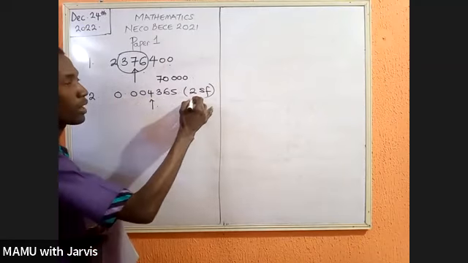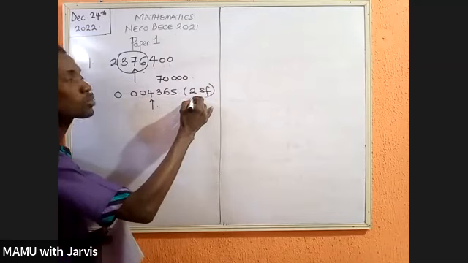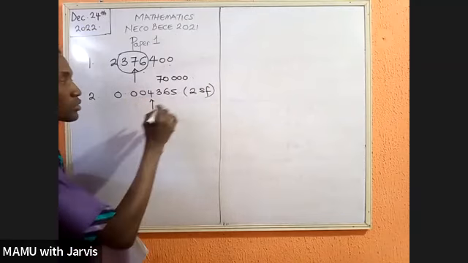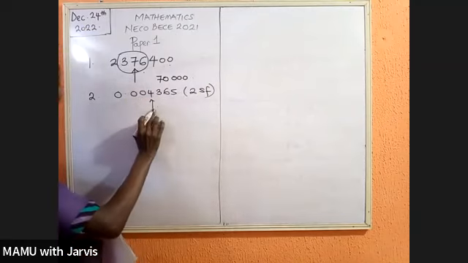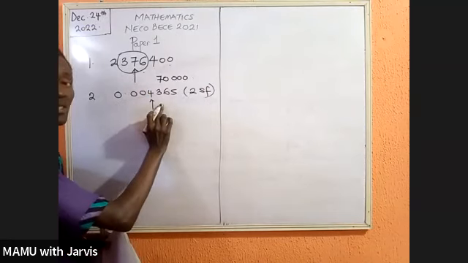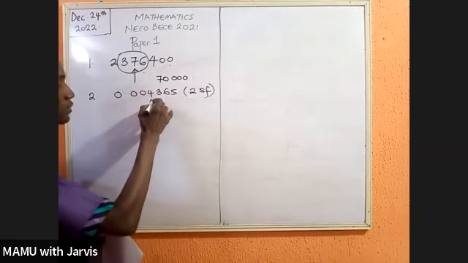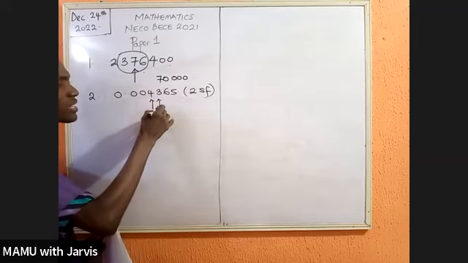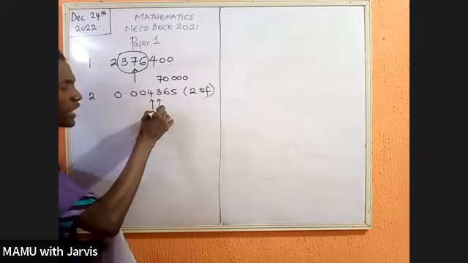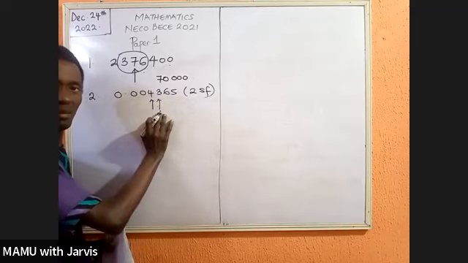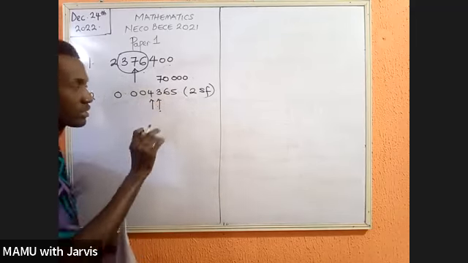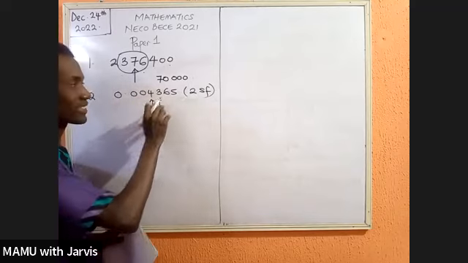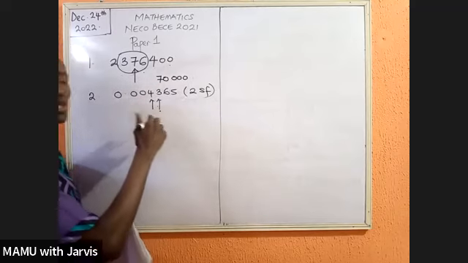We're told to approximate to 2 significant figures. So this will be the first, this will be the second. Two significant figures means use these two. This digit is what I call the digit of interest, because I'm told to use two significant figures, and this next digit is the digit causing the approximation.